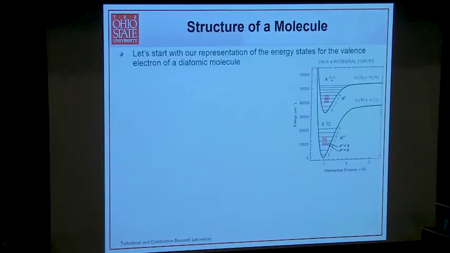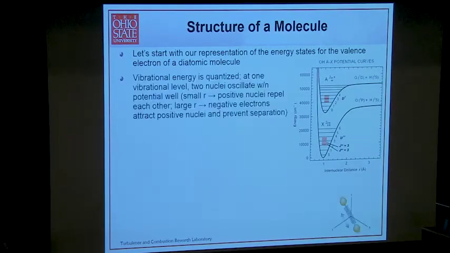Okay, so let's start again with our representation of the energy states for the valence electron of a diatomic molecule. We have our OH potential curves. The first thing we want to think about is a simple diatomic.